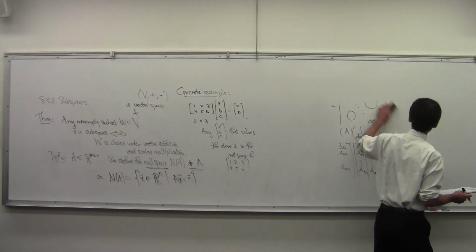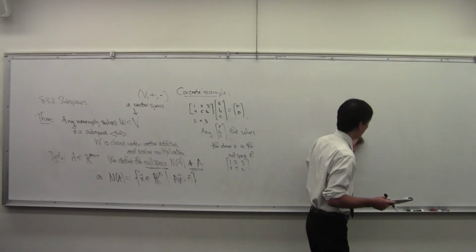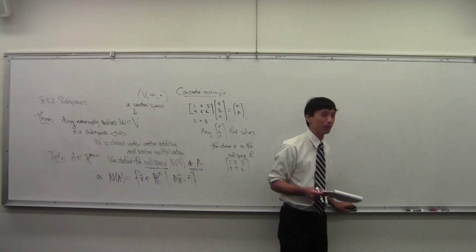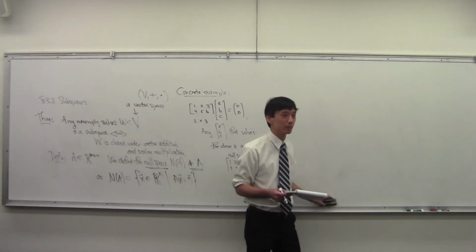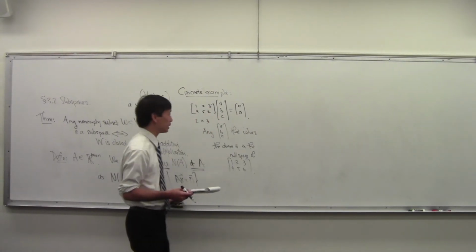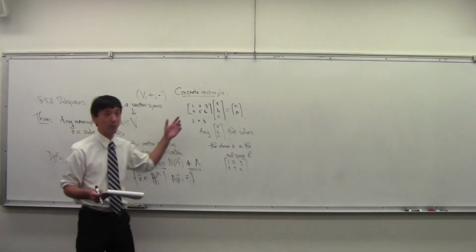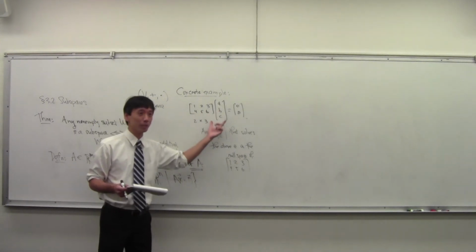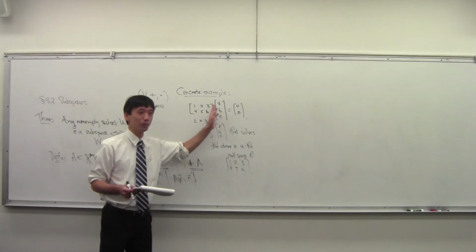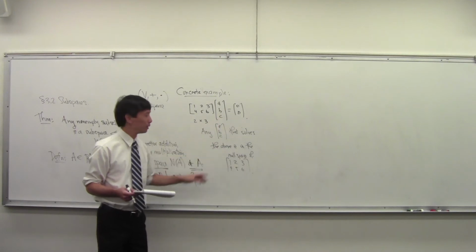The homework problem is show that a square matrix is invertible if and only if the null space is 0. But the null space being 0 means that the homogeneous problem has only one solution. Right, so that's it.